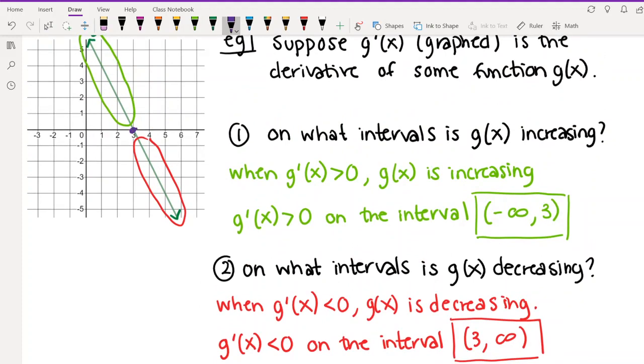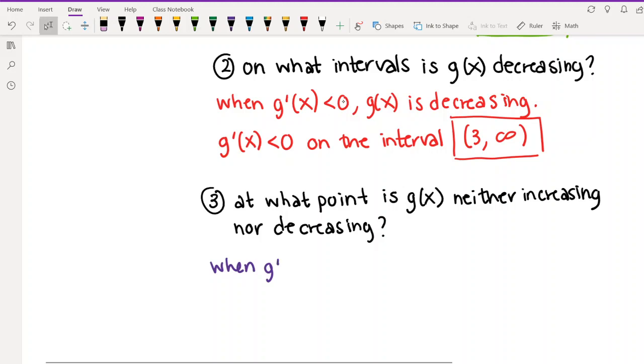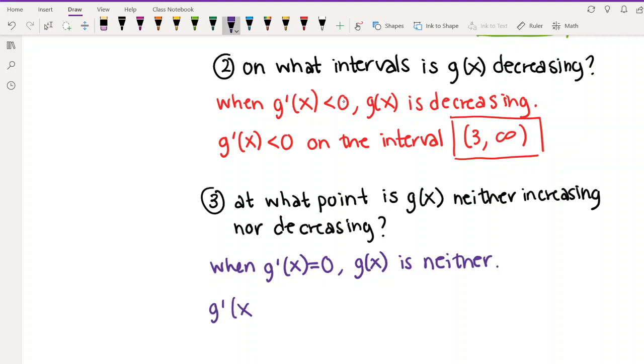And the derivative is equal to 0 at x equals 3. So when the derivative equals 0, g of x is neither increasing nor decreasing. And so g prime of x is equal to 0 at x equals 3.